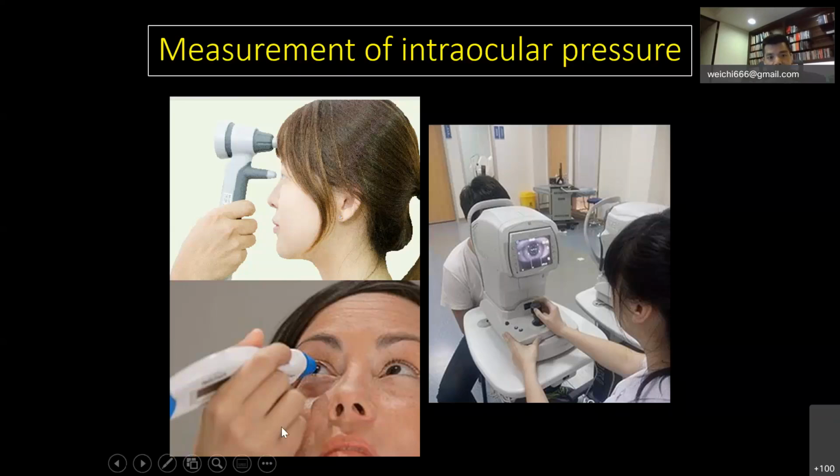So why do we need to have these tests all together? Why can't we just use a pneumatic measure to measure the patient's vision? Coating Zhang? Oh, yes, doctor, I'm here.